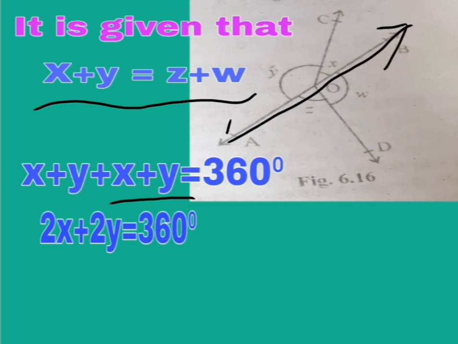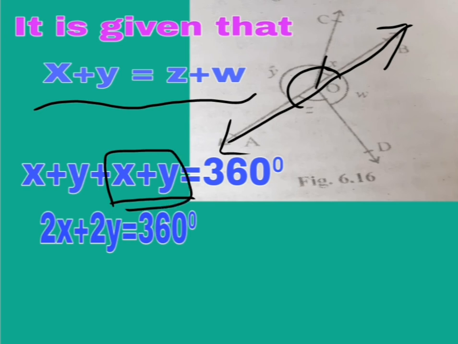So we consider the angles formed on this AB only for our proof. The angles formed on this AB line are X and Y, and Z and W also. So vice versa, in both ways you can do it. But I substituted x plus y in the place of z plus w.